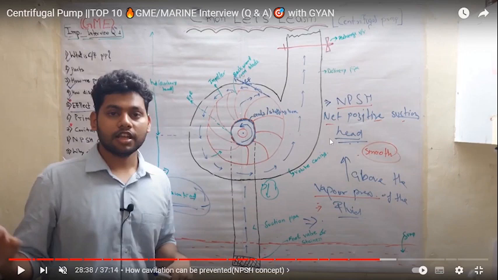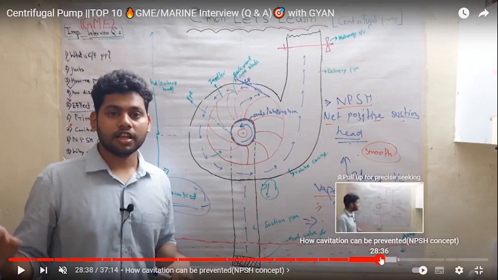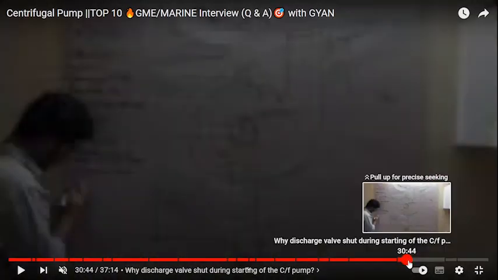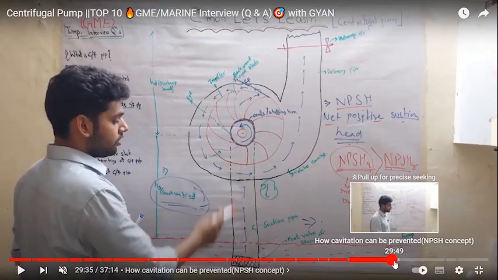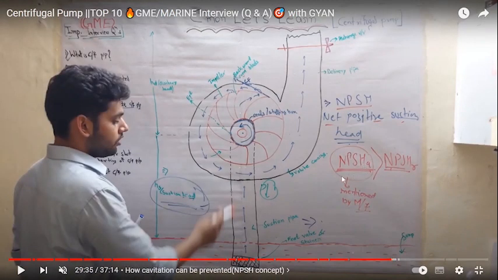When you go through the problem videos, you will get more clarity. And now, since everyone is here, I will tell you about a minor mistake I made. I said that NPSH available should be greater than NPSH required, to avoid cavitation.